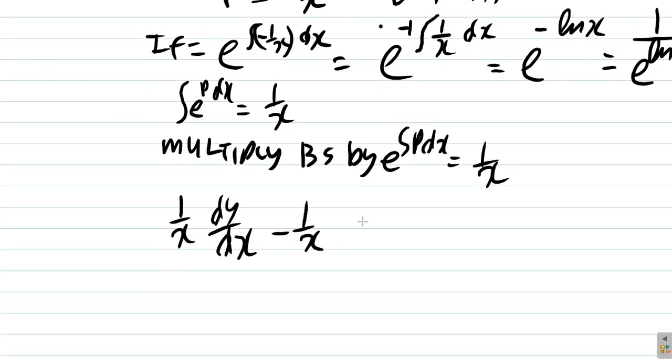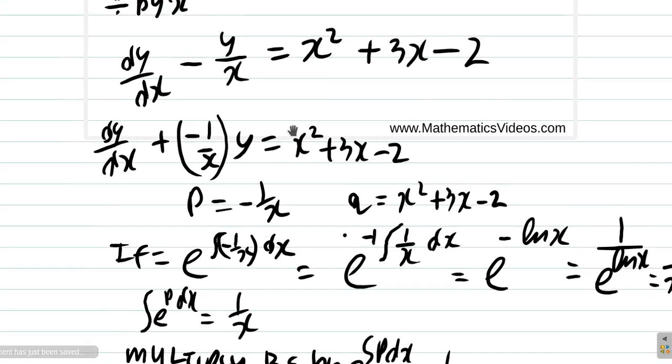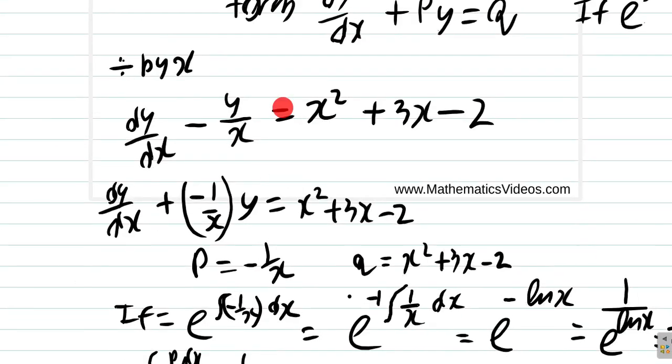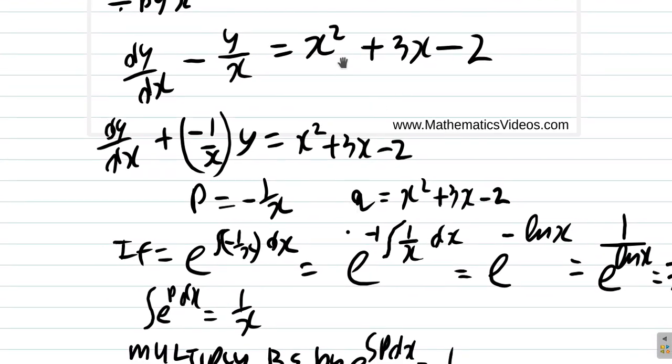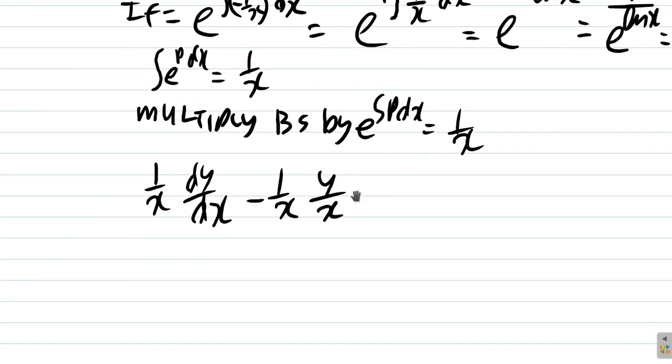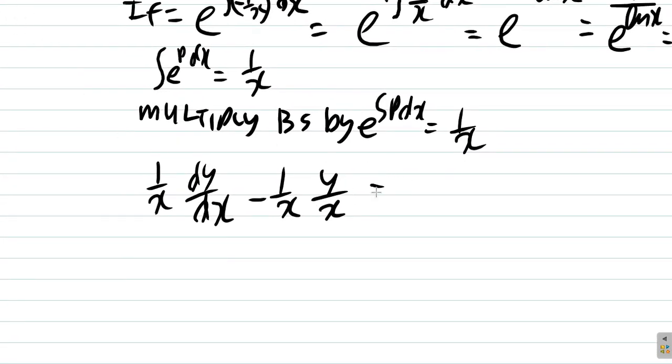Minus 1 over x times y over x, and then equal 1 over x times each of these. So it's really going to be x squared over x plus, alright, so x squared plus 3x minus 2 all over x equal x squared plus 3x minus 2.